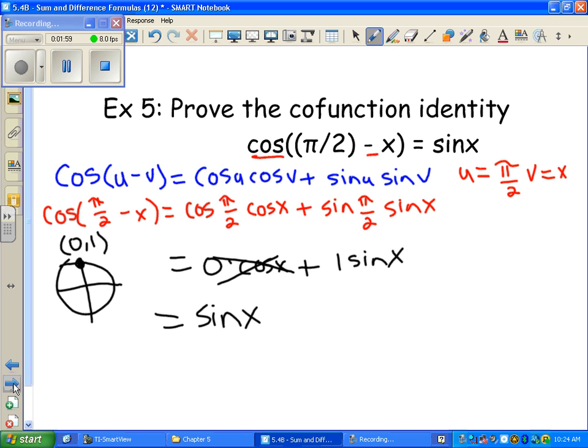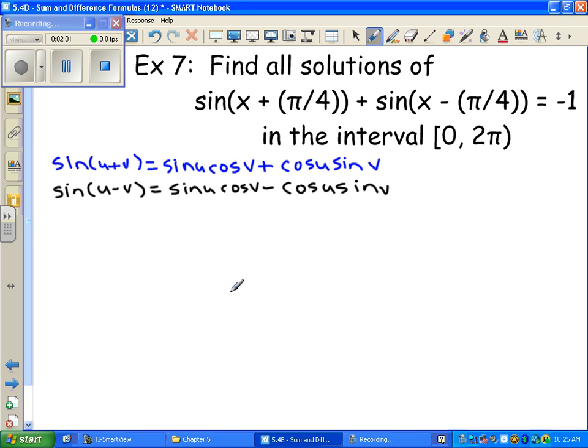Let's take a look at one more problem. Here I have an equation that I'm trying to solve. It says find all the solutions, and that means I need to find values of x in this interval that make this a true statement. Notice that I have sums and differences here, and I'm using sine in this case. So I have a sum with sine and then a difference with sine.